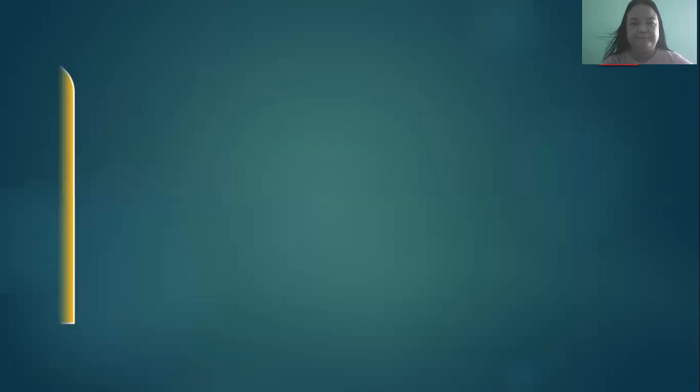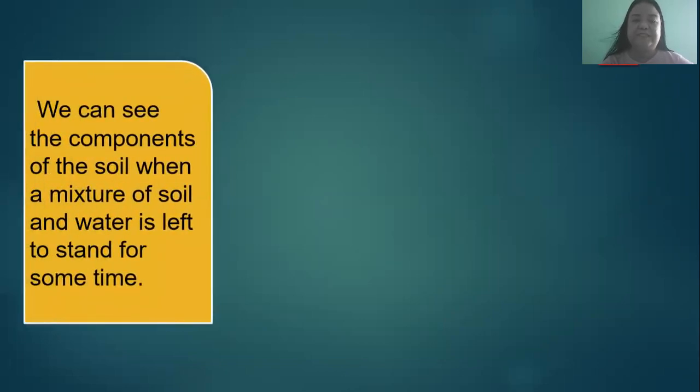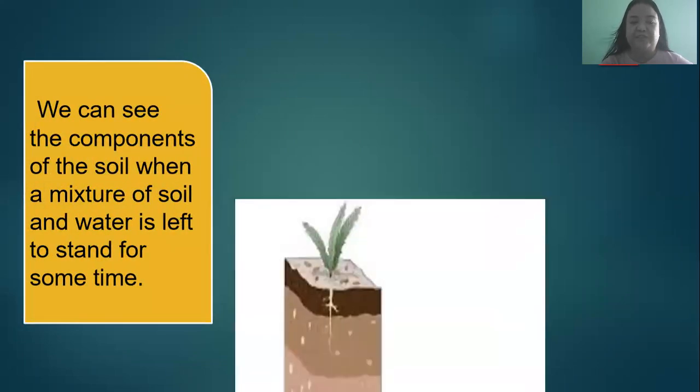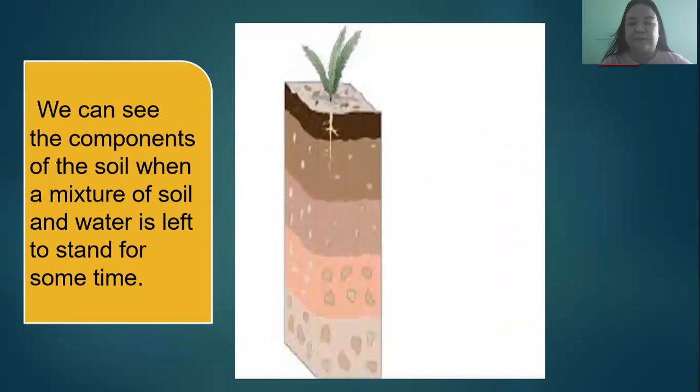Next, we can see the components of the soil when a mixture of soil and water is left to stand for some time. Look, for example, the first layer is called humus.